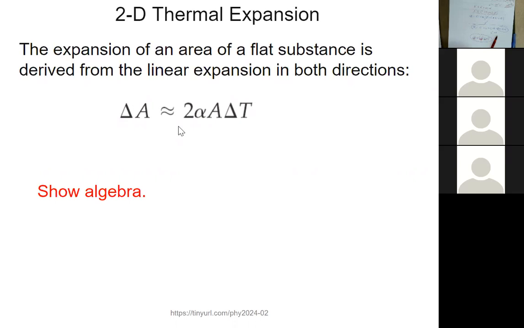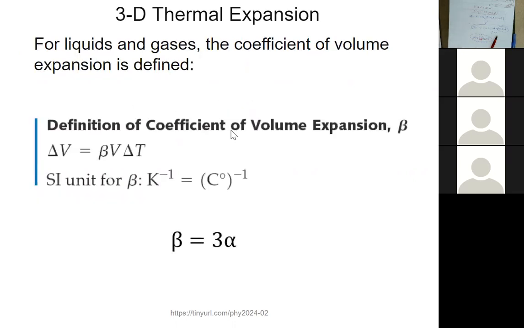Now, let me see, any questions you guys have? So this is two-dimensional expansion. It's just twice the coefficient of linear expansion times the original area times delta T. Similarly, for three-dimensional expansion, you can do the same algebra, just with a lot more terms, because when you look at volume, you actually cube it.